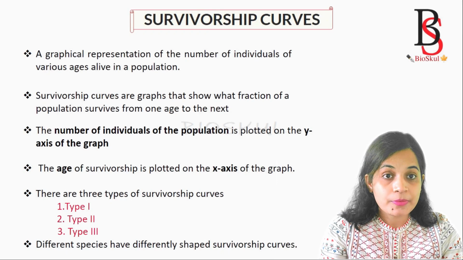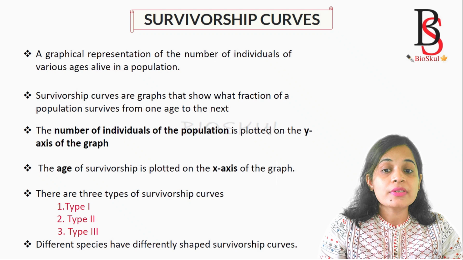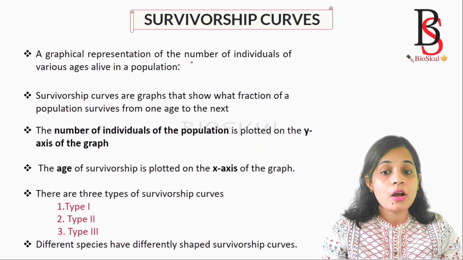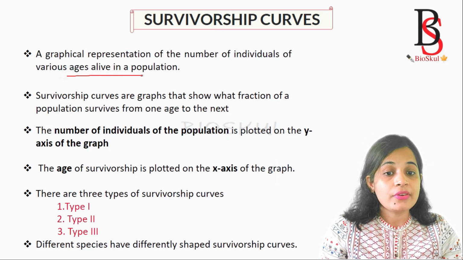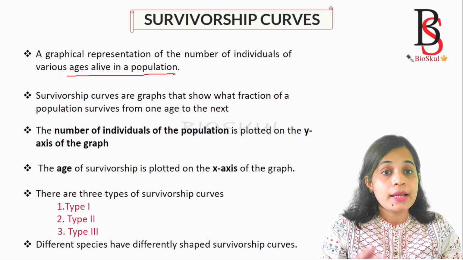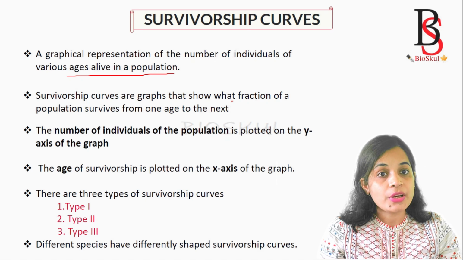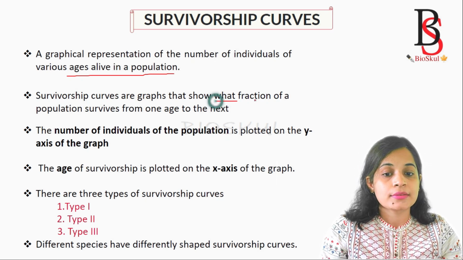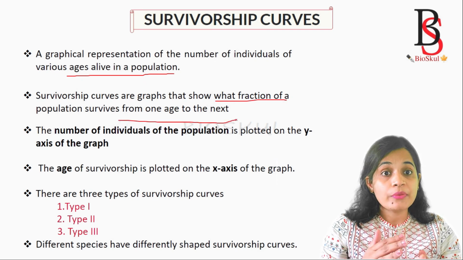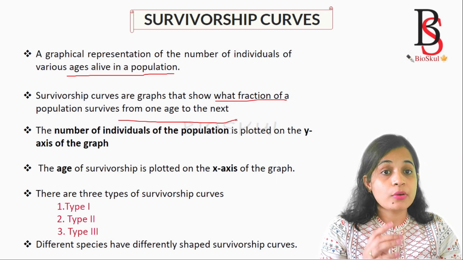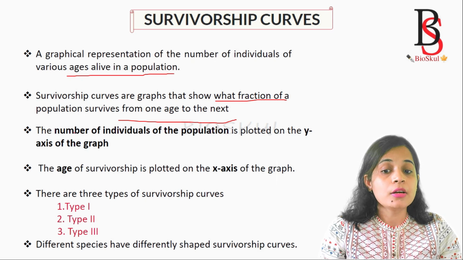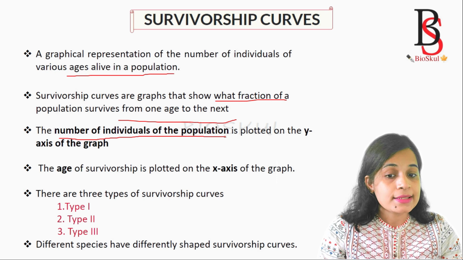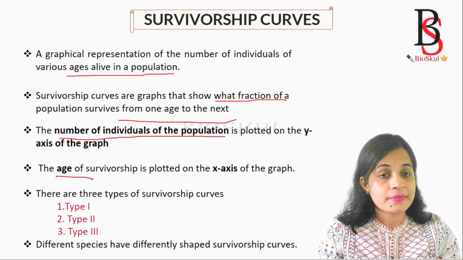What is survivorship curve? Survivorship curve is a graphical representation of number of individuals of various ages alive in a population. It shows the fraction of population survived from one age to the next. If we plot survivorship curve, then the y-axis represents the number of individuals of the population, whereas the x-axis represents the age.